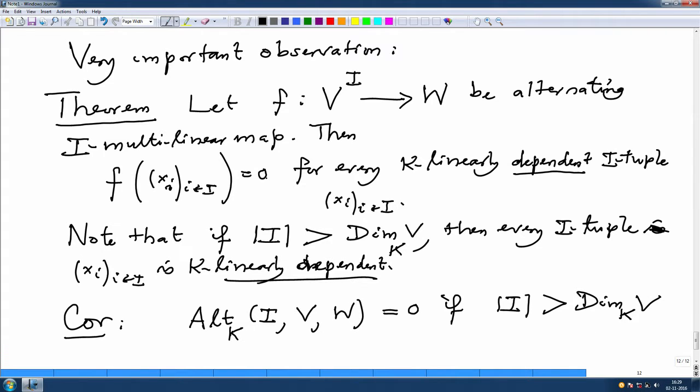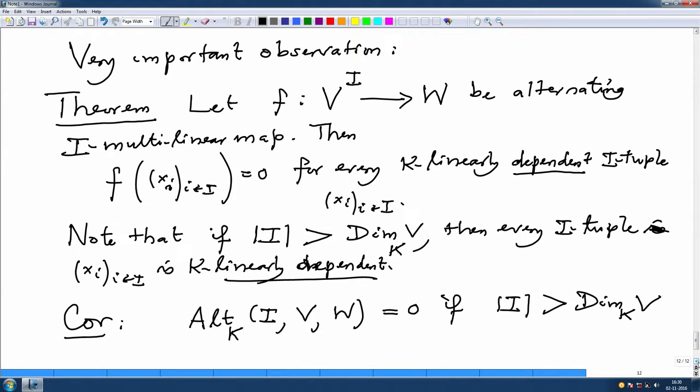That means f has to be the 0 map. The 0 map is the only alternating multilinear map when I has more elements. The next case we will study is when the cardinality of I is exactly equal to the dimension and W equals K, and those will be called determinant functions. Before that, let us prove this.